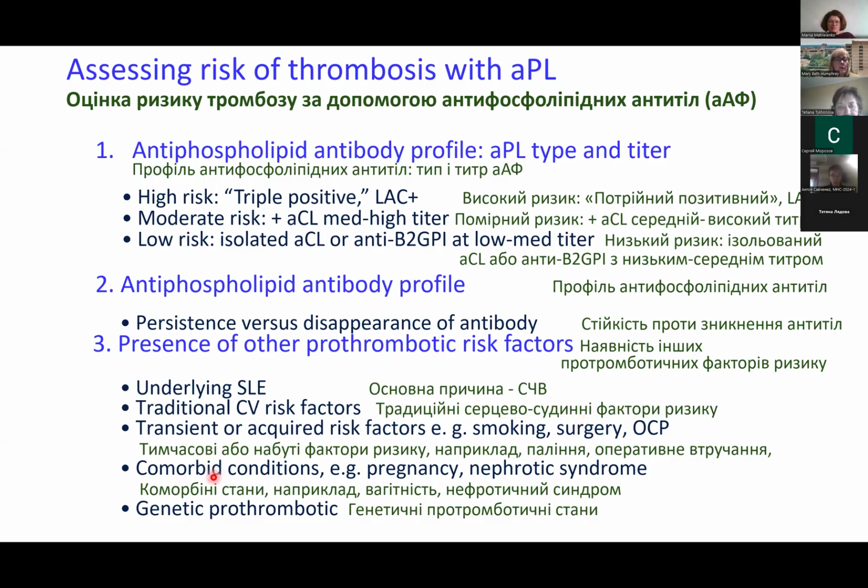So there are other comorbid conditions other than autoimmune conditions, including pregnancy and having nephrotic syndrome from, perhaps IgA nephropathy, or other causes of nephrotic syndrome. And then anything that is going to cause genetic predisposition to having thrombosis, like the mutations in prothrombin 20210. So they become prothrombotic, factor V Leiden, etc.